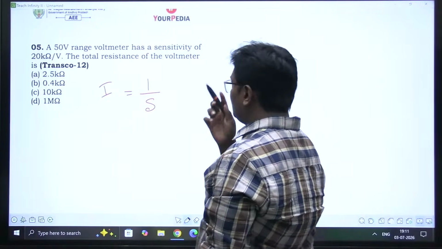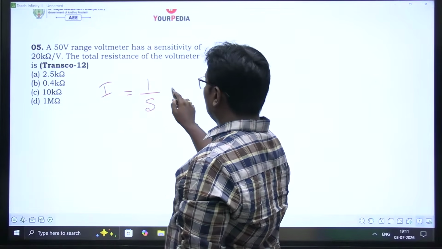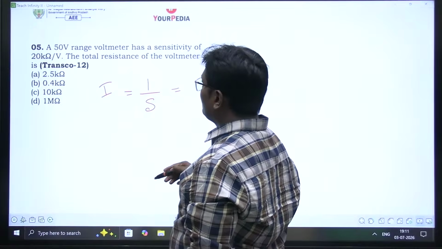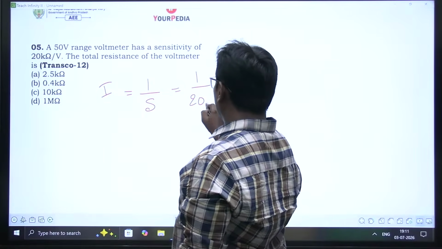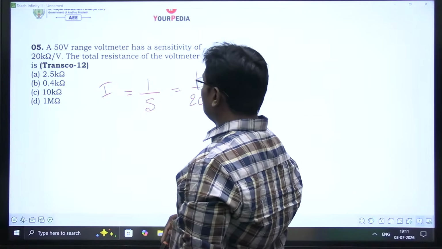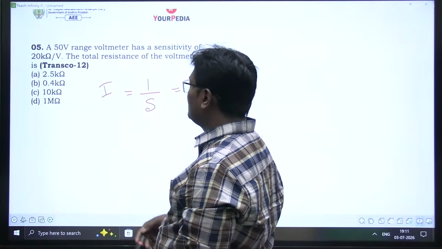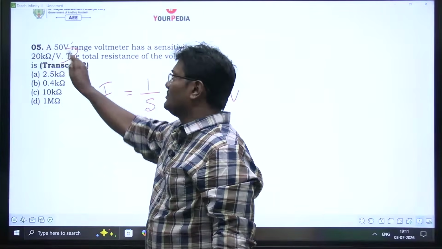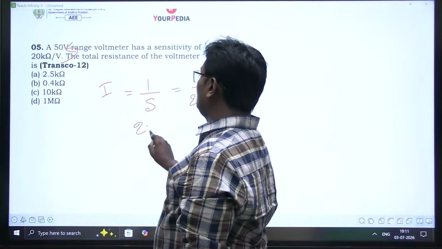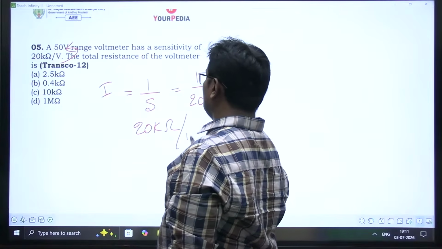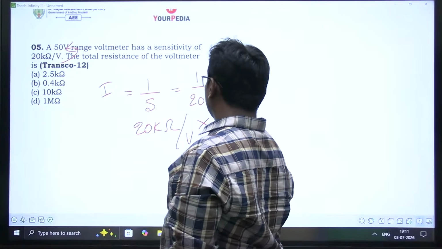Otherwise you can directly multiply these two: 20 kilo ohms per volt into 50 volts.